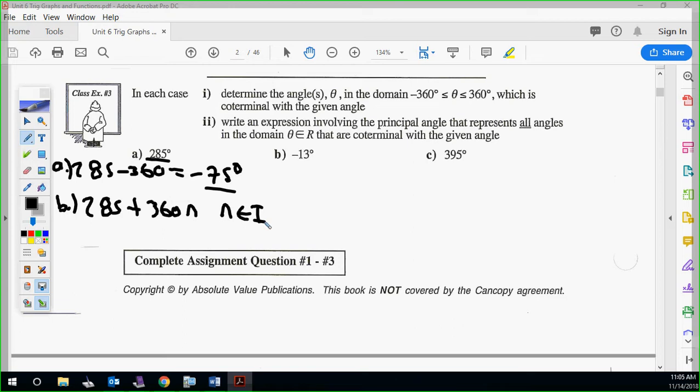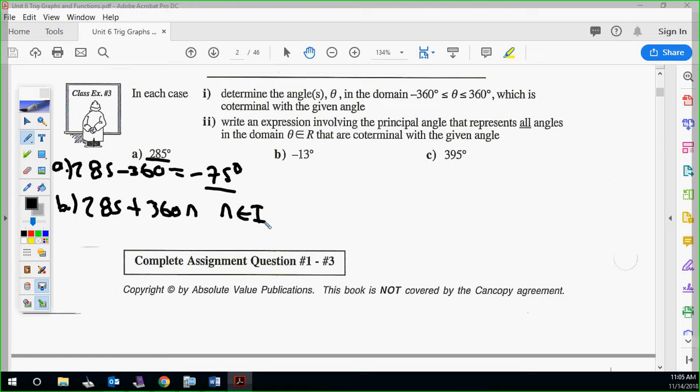Okay. N is a number. So what this means is, you know how Aiden said there's an infinite amount of coterminal angles? Every time I add a 360, it's a coterminal angle. So n can be any positive, negative whole number, and those will represent coterminal angles.